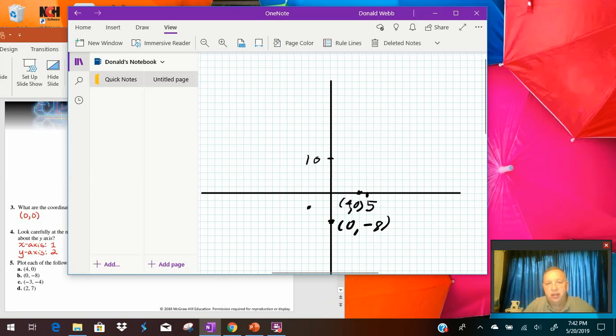So that point right there, I would label as negative 3, negative 4. And finally 2, 7: 1, 2, but I've got to go up by 2s, 2, 4, 6, 8, somewhere right in here is going to be the point 2, 7.